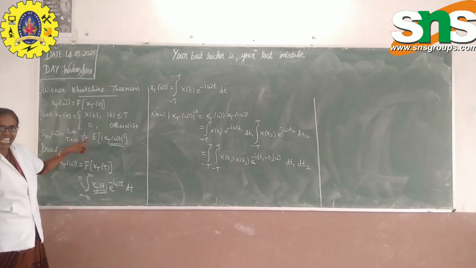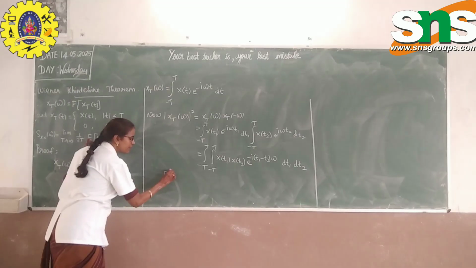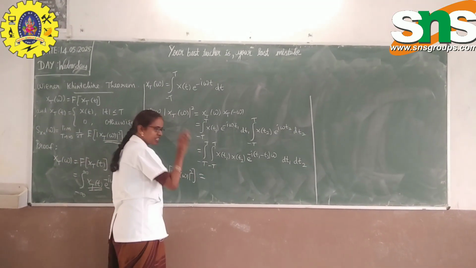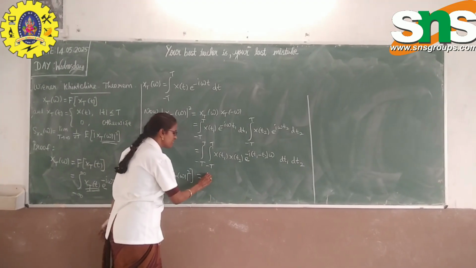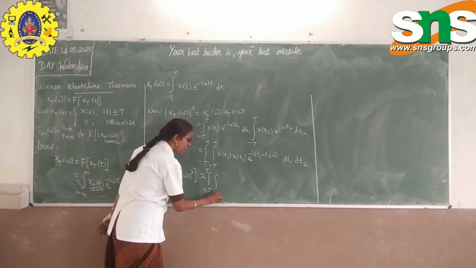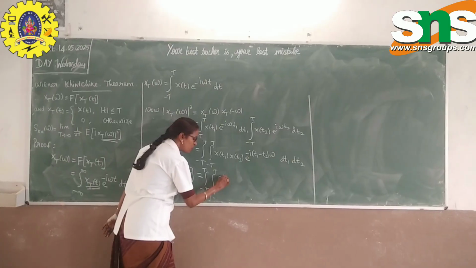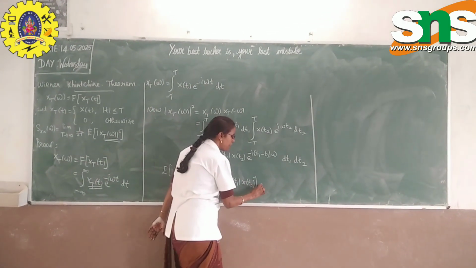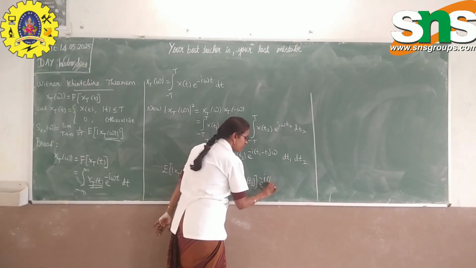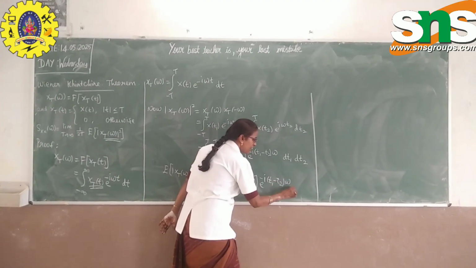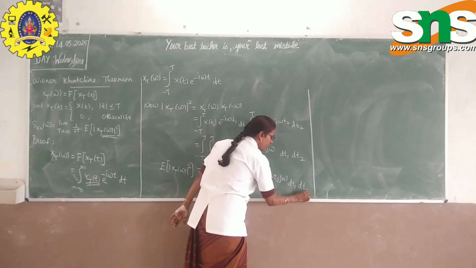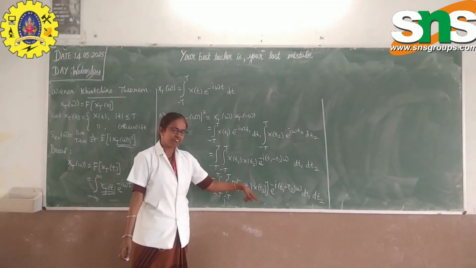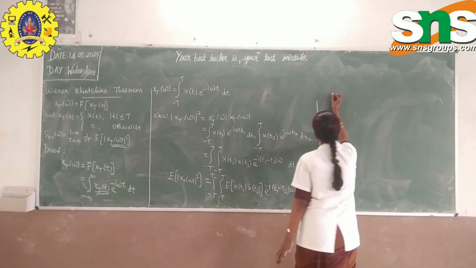Now we take the expectation. The expectation of modulus of X_T of omega, whole squared, equals, bringing the expectation inside the integration, the integral from minus T to T, minus T to T, of the expectation of x of t1 x of t2, times e power minus j (t1 minus t2) omega dt1 dt2. Here we write the expectation of x of t1 and x of t2 as R_xx, which is a concept we already know.